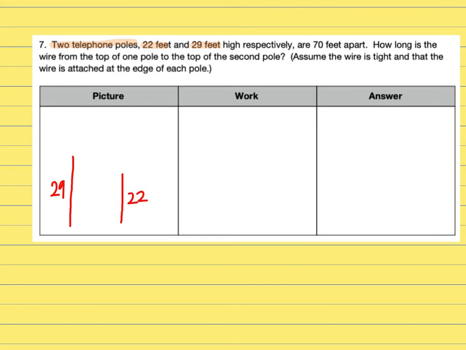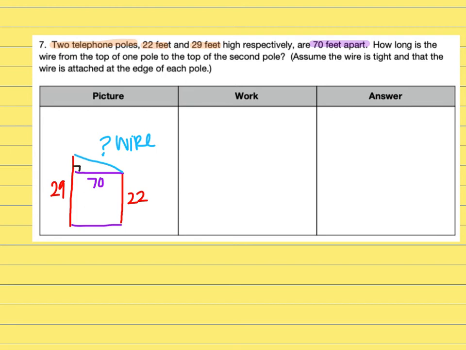Then it said they are 70 feet apart. So that means on the ground, or up here, either way, these are 70 feet apart. And we want to know how long is the wire that's stretched at the top from one pole to the other. How far is the wire?